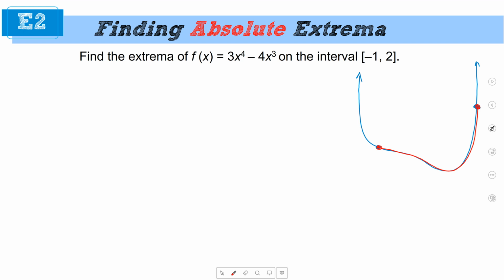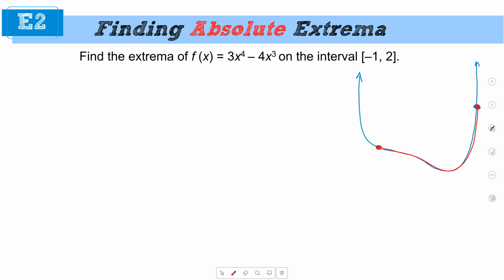Set that derivative equal to 0 and solve to find the critical numbers. Alright, so we got two critical numbers, 0 and 1, yes?